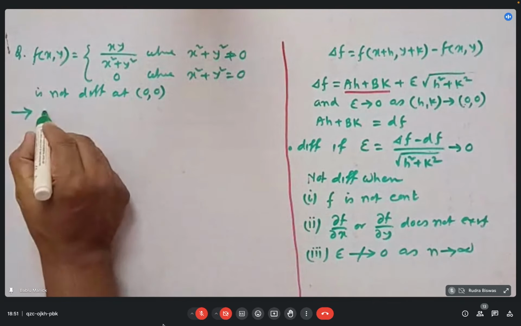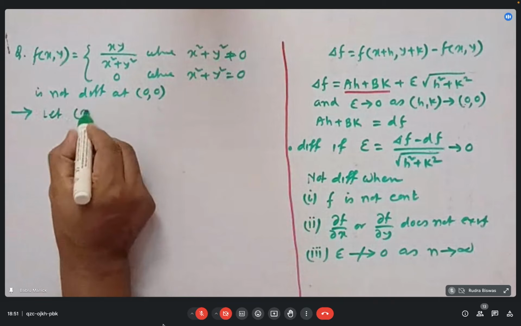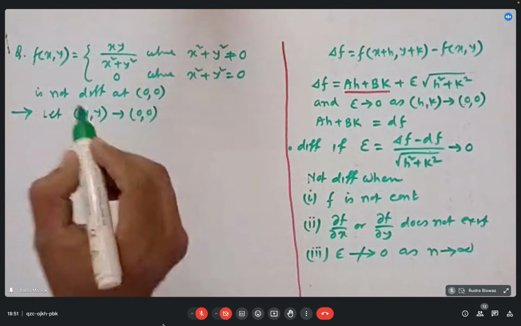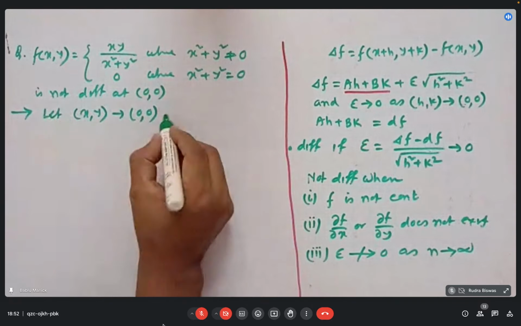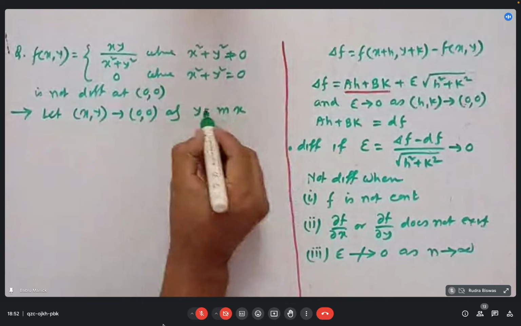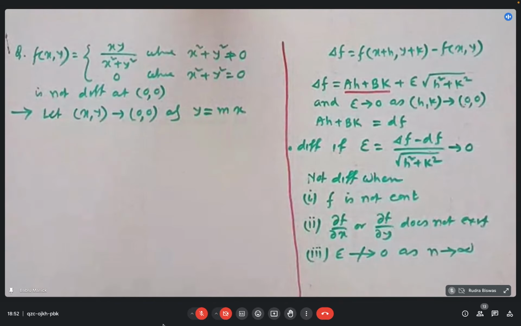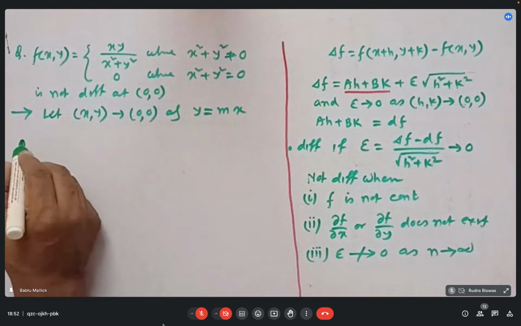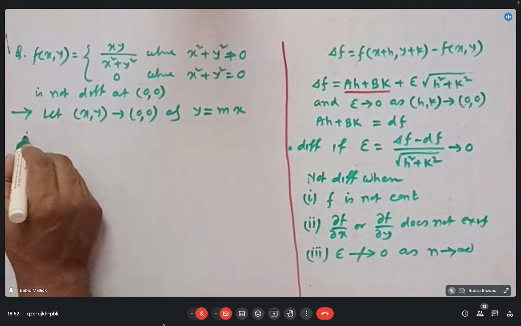So write, let x comma y tend to 0 0 along y is equal to mx.